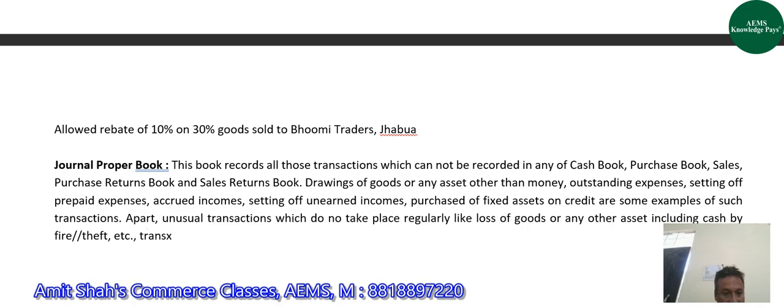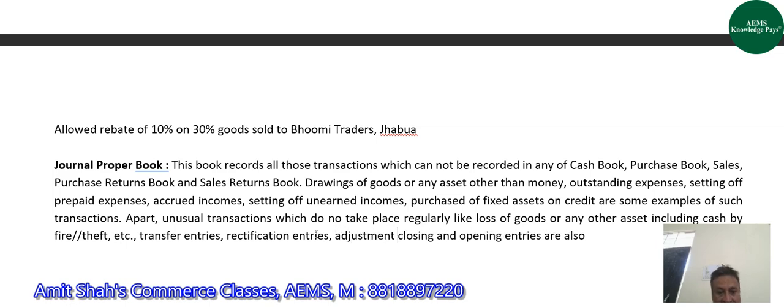Then transfer entries. What are transfer entries, guys? You will understand later. Then rectification entries, closing and opening entries are also adjustment entries. All these guys you will understand when we see the final accounts chapter. That is preparation of trading account, P&L account and balance sheet.